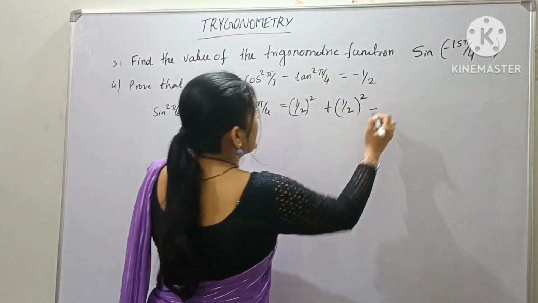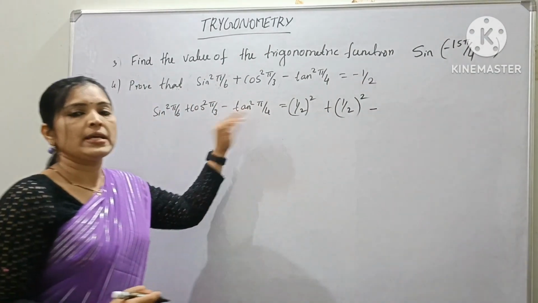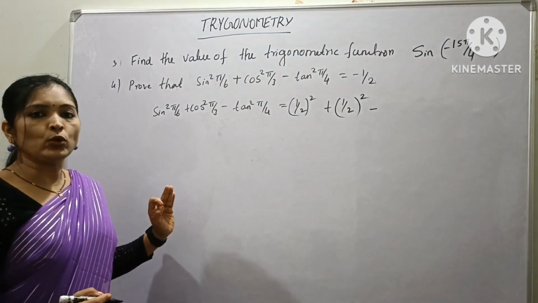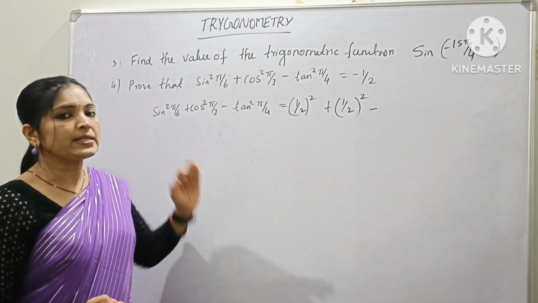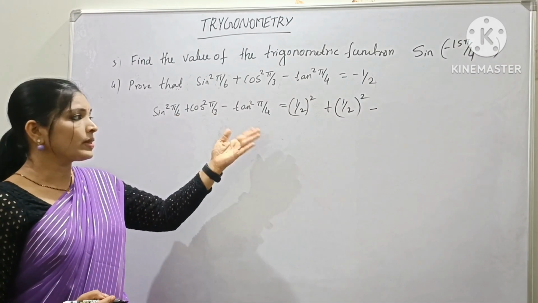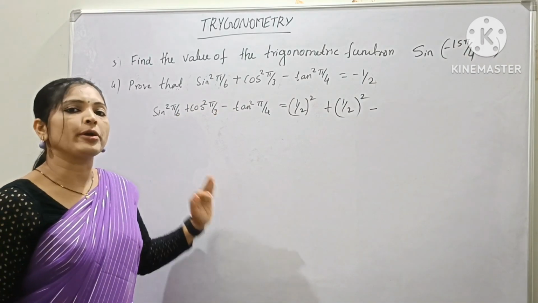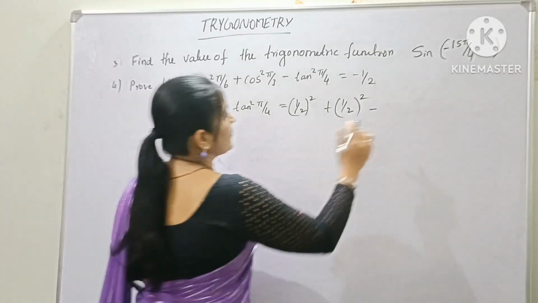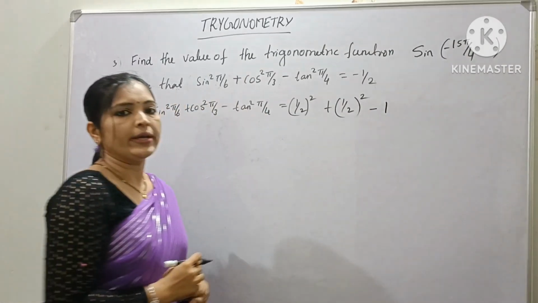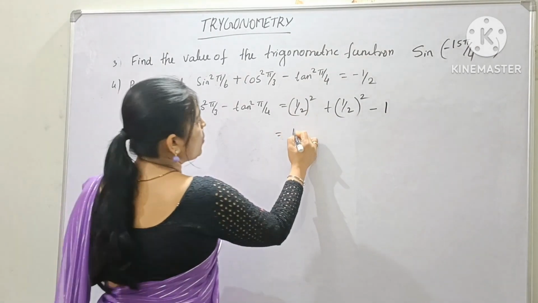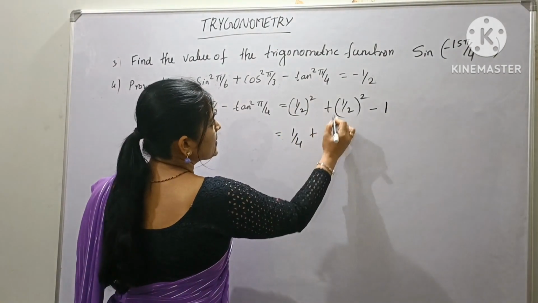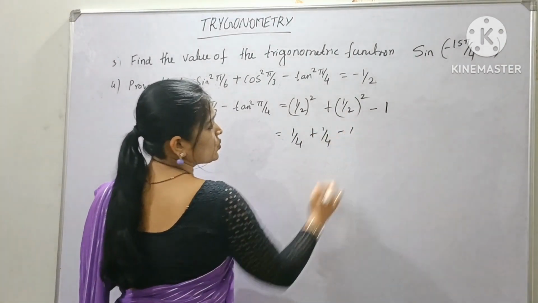Minus tan pi by 4. Sin pi by 4 is 1 by root 2, cos pi by 4 is equal to 1 by root 2. Therefore tan is 1 by root 2 divided by 1 by root 2, that is 1. 1 square is 1 itself. Then here 1 by 4 plus 1 by 4 minus 1.